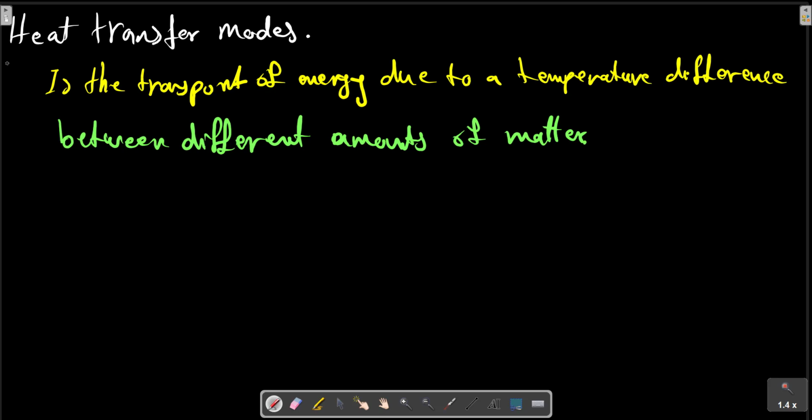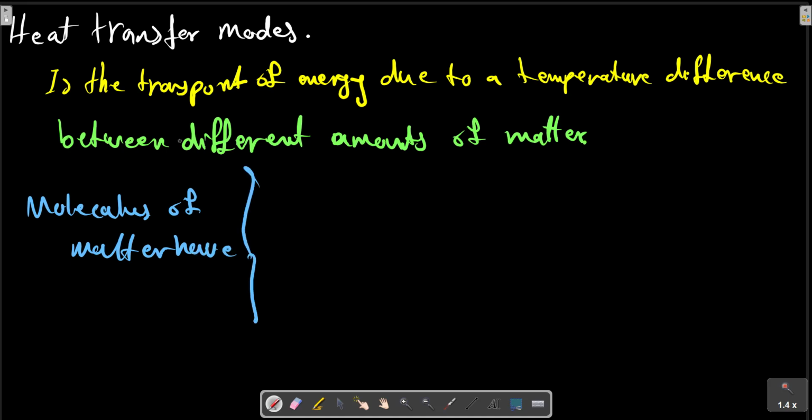molecules of matter have three types of energy. The first is translational kinetic energy.